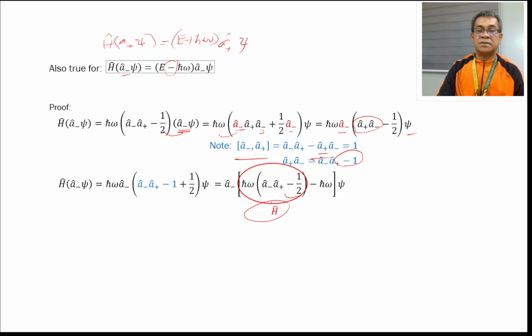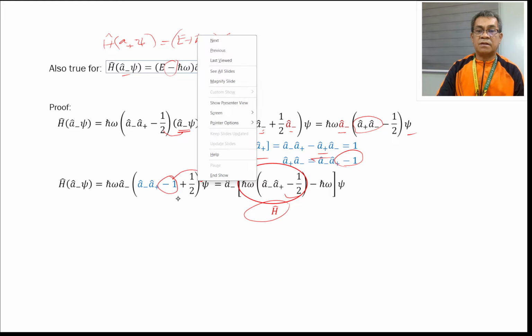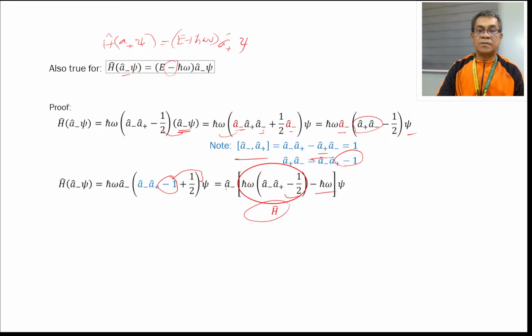By the way, same process, we place this in the third term and we have this one. So that's why we have this result again. So this is our Hamiltonian operator. So we see that this is a negative value.